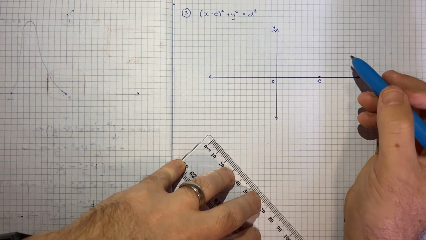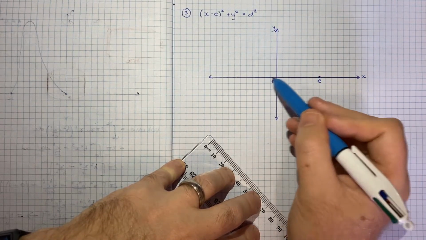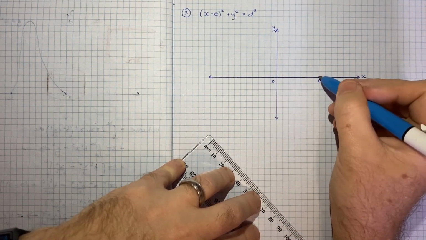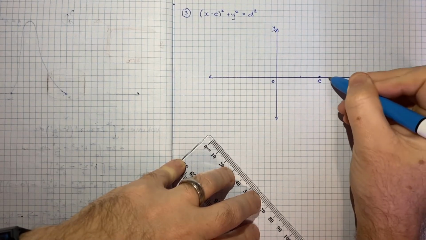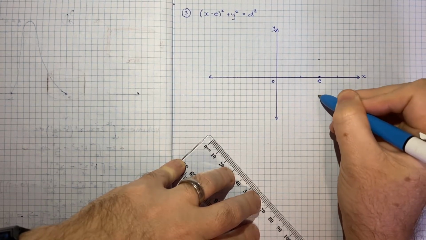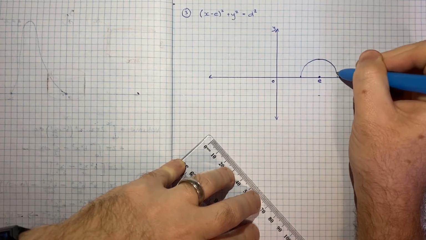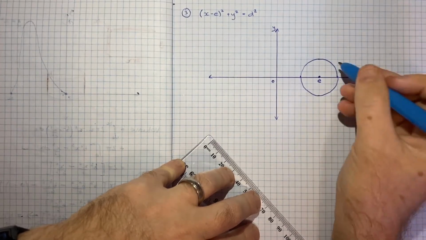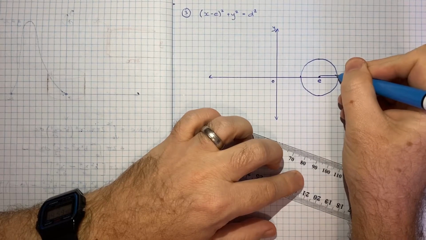Now, our radius d is some value that we know is less than e, so the circle isn't going to breach into this quadrant, so I'll just pick some arbitrary value for the radius that we'll call d. So here's my attempt at a circle, and we know that this radius here, the value is d.